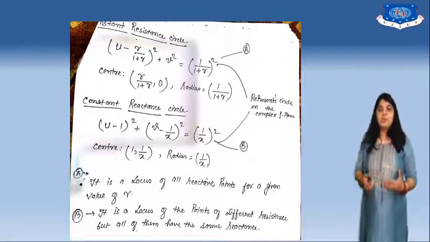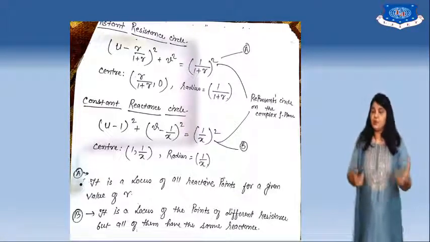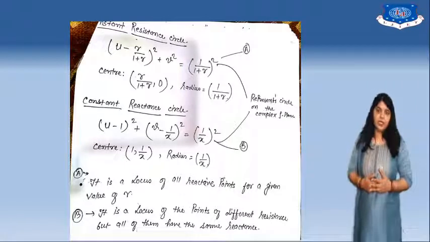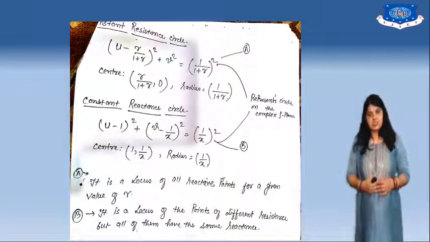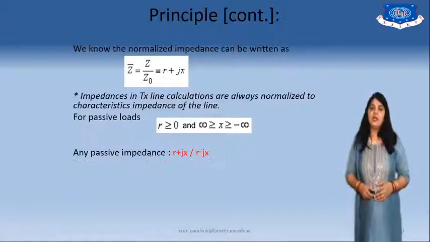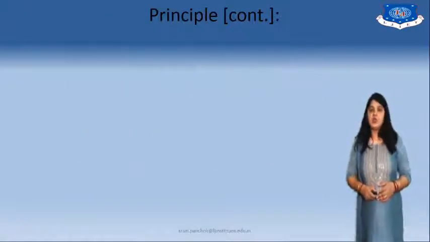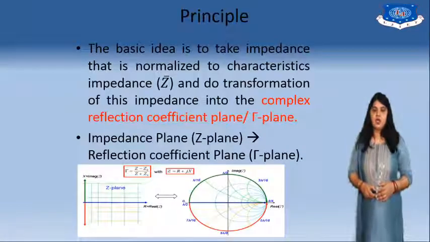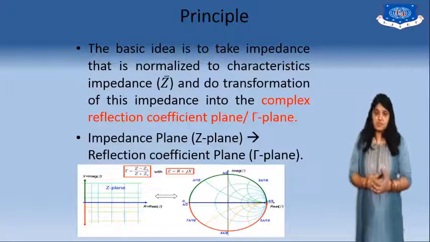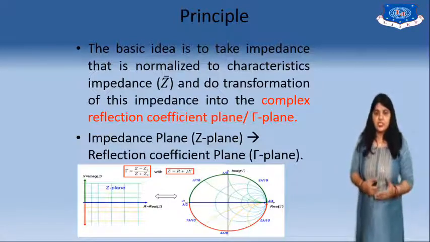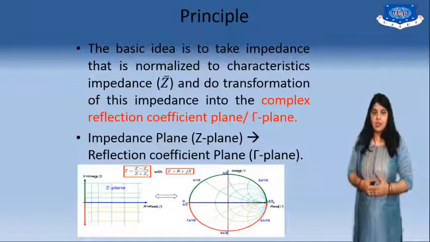Whenever you purchase a Smith chart, or take a print online, you will find that the Smith chart consists of circles that look like the constant resistance and constant reactance circles, and the impedance plane and the reflection coefficient plane are there.